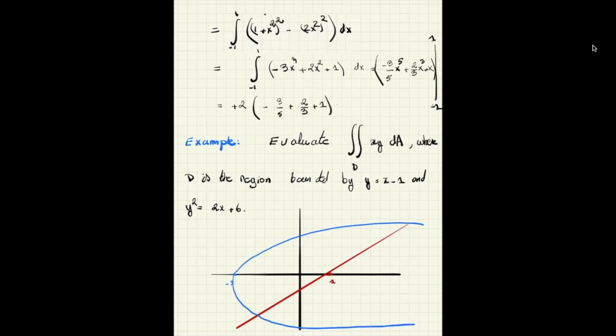So the region we are talking about is this region here. So that's the region D.